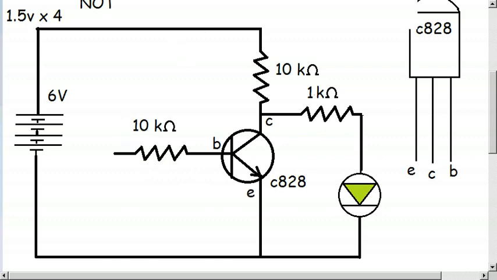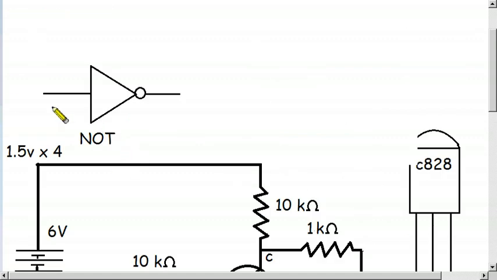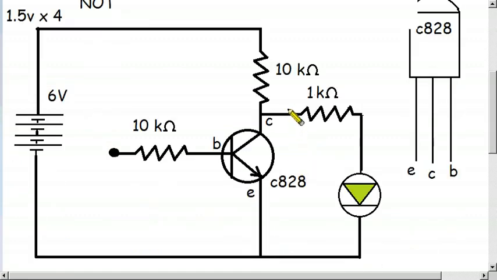Then this terminal is your input. This one is your input terminal, because this NOT gate has an input terminal like this and also an output terminal like this. So here the output terminal is this one. To indicate the logic level, we have connected the LED like this.